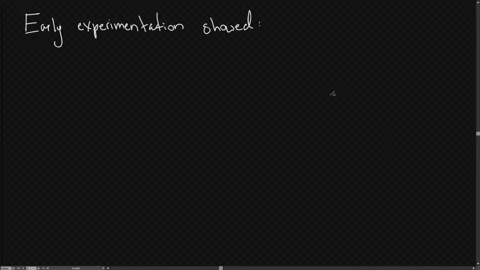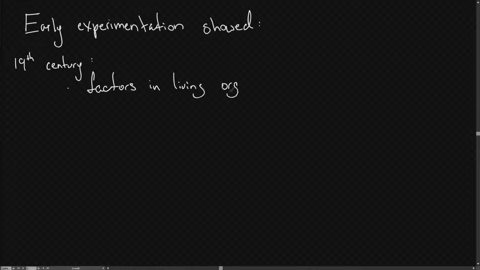Next, we'll be looking at some of the conclusions that we found from early experimentation. In the 19th century, it was discovered that there are factors in living organisms that influence characteristics.